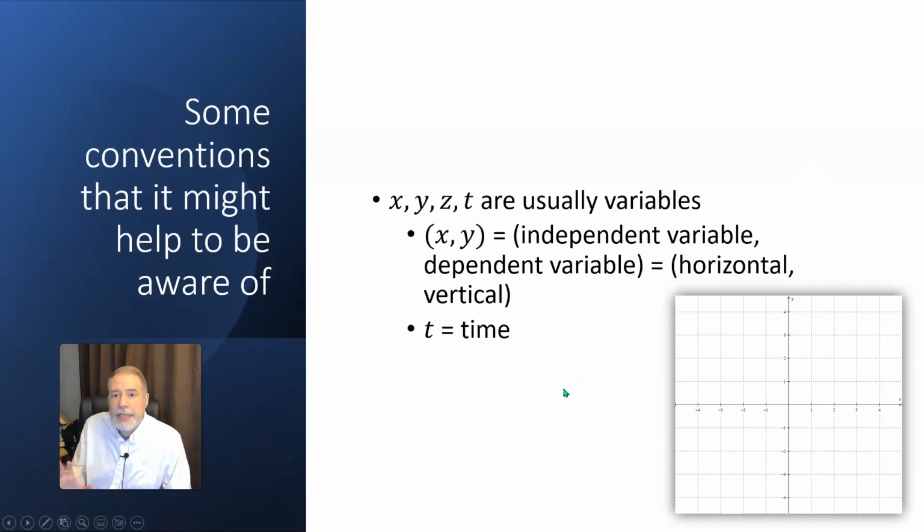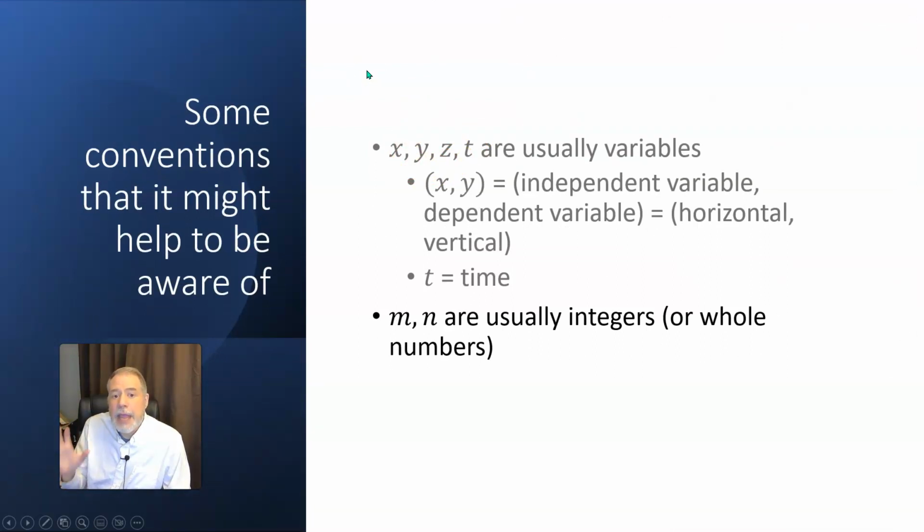And the letter T is often used to represent time. If you have something that's changing over time and you have an equation or a function that specifies how that thing depends on how much time has gone by, the T is often used to represent how much time has gone by. It doesn't have to be, but that's a common use for that letter.